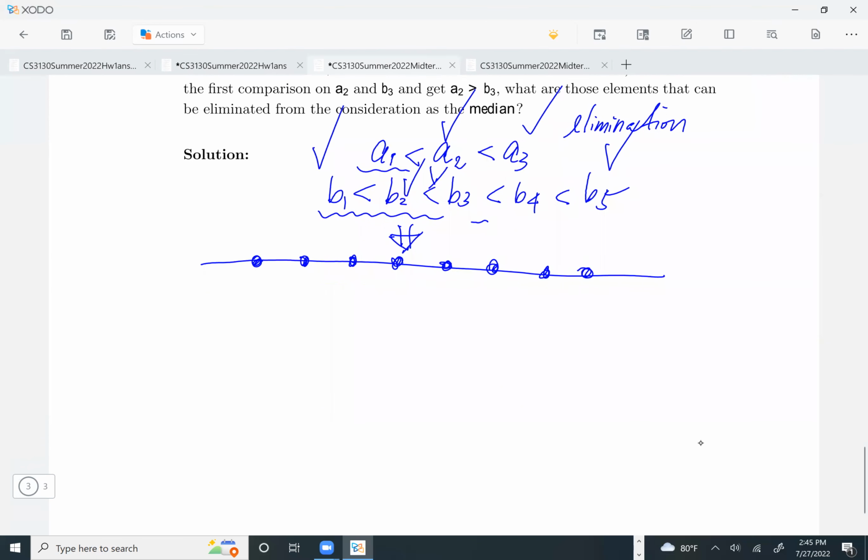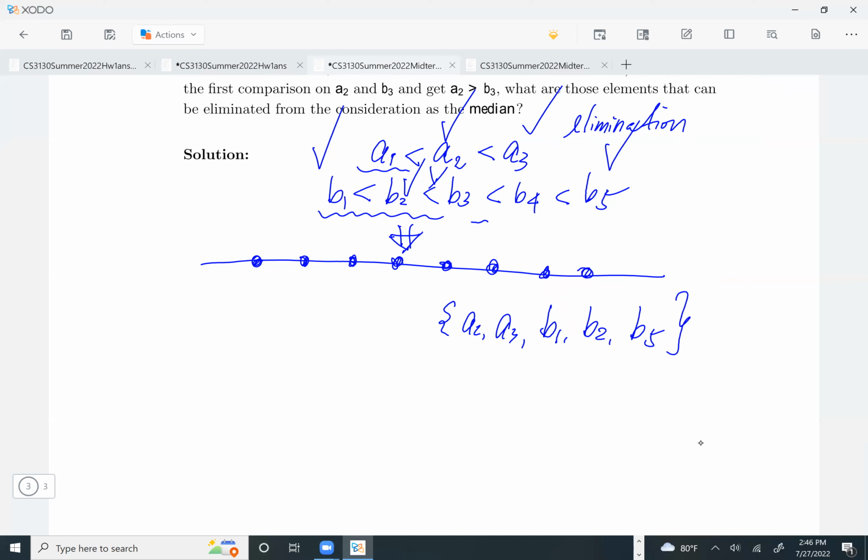The elements that can be eliminated: A2, A3, B5, yeah, let's count from B1, B2, B5, and B4 is greater than 3, but we don't know what else it can be greater than, right?